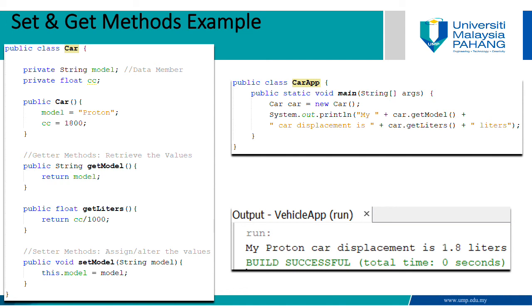Here we get the information from the public class Car again, which is the public float getLiters. It will return the value for you, so you will get the correct output, which is: my Proton car displacement is 1.8 liters.